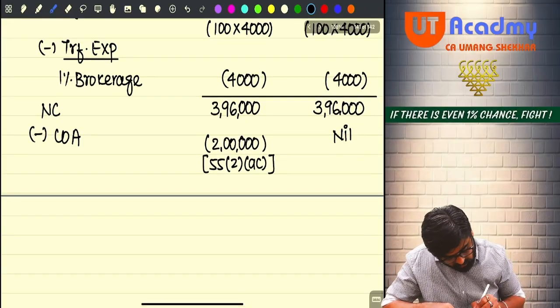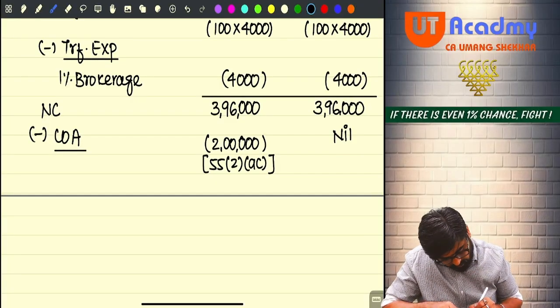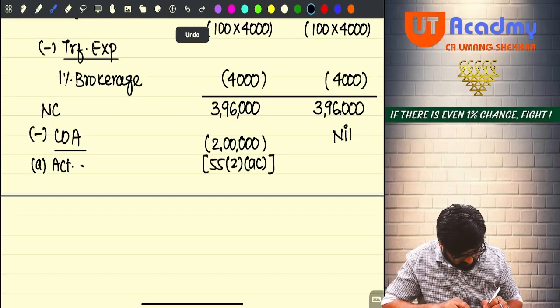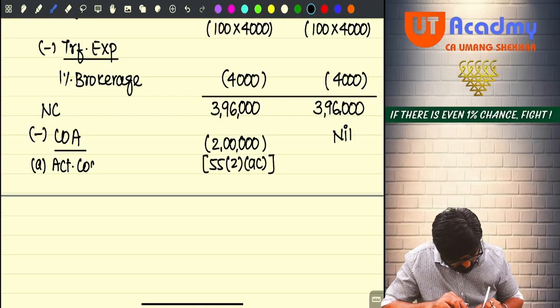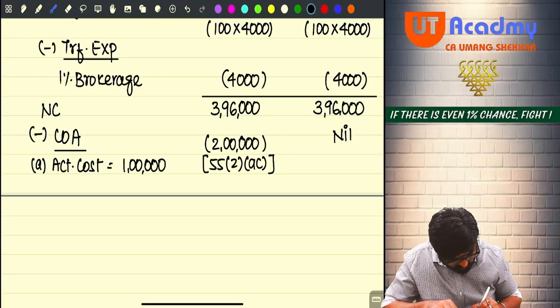And what I'll do, the calculations over here. Cost of acquisition: A, actual cost, which is 1 lakh. How did I get it? 100 into 1000.